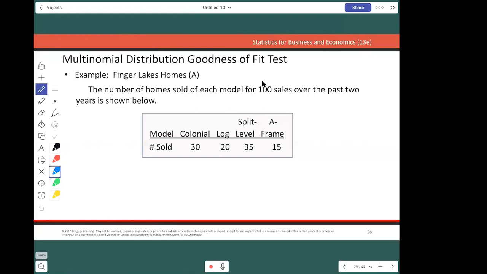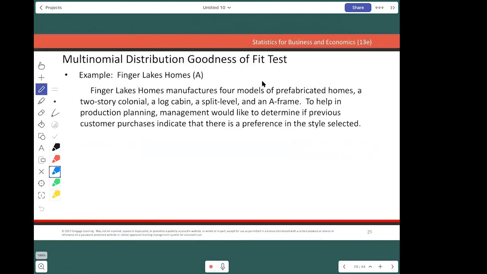Or maybe one of them is getting a lot less, say only 5% of the sales, so people don't like that particular home. So in this case, even though we were not told that it was 25% each, from the problem statement, we're saying that they want to determine if there's a preference between the styles selected. So you have to say, well, if there's no preference, then what does that mean for proportion of sales?